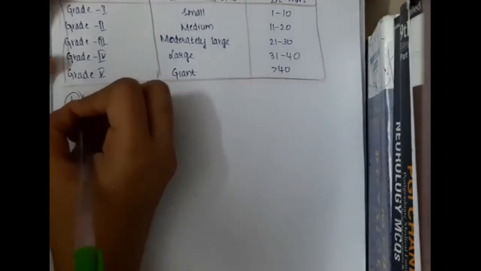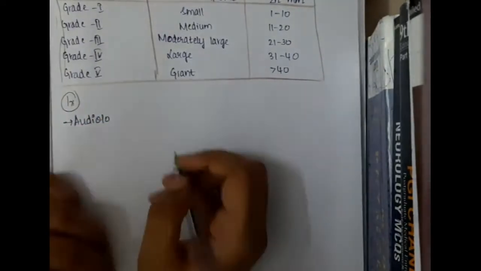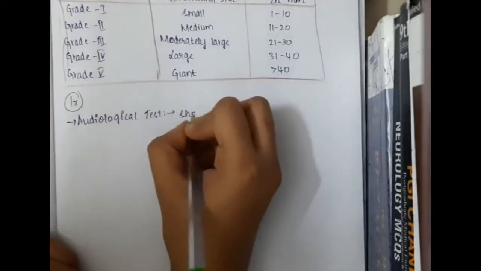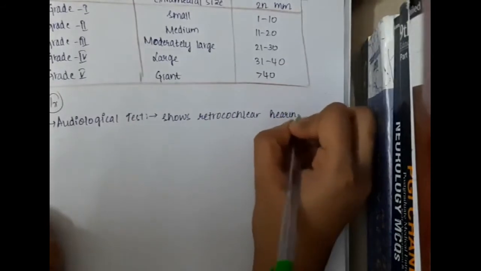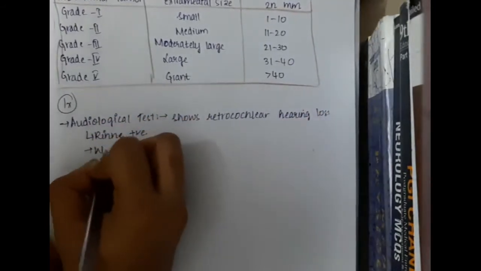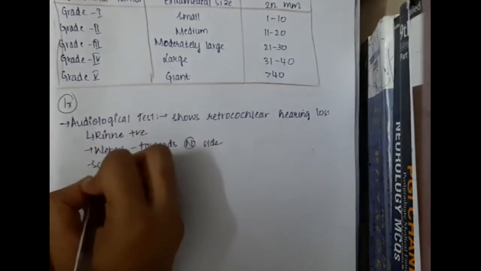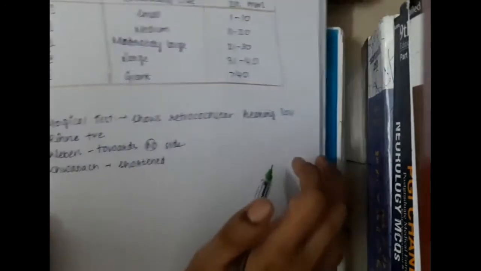Now, if you see the investigations, the audiological test shows retrocochlear hearing loss. Rinne is positive, Weber's is lateralized towards the normal side, and Schwabach is shortened.